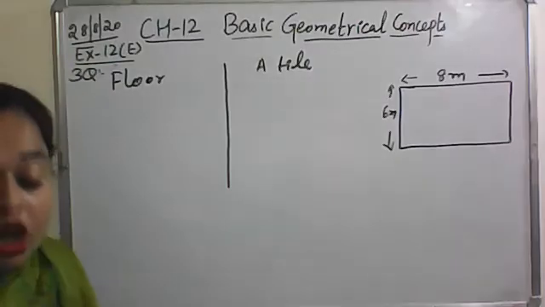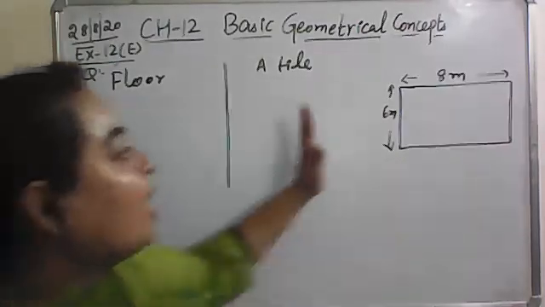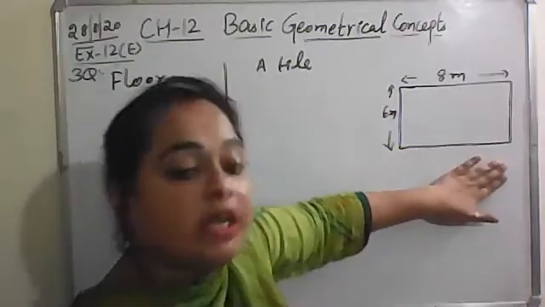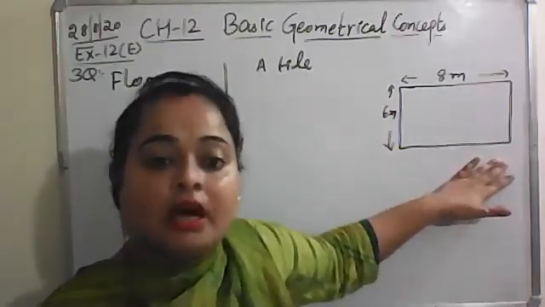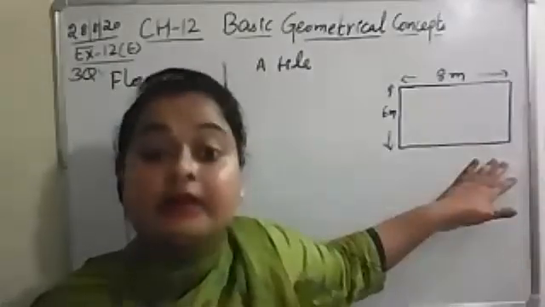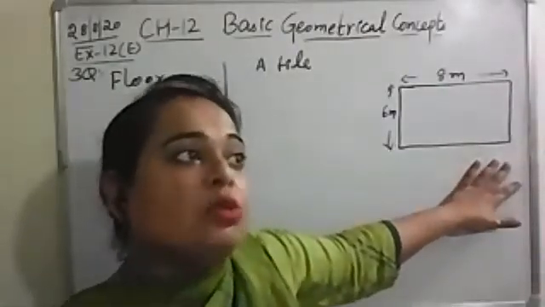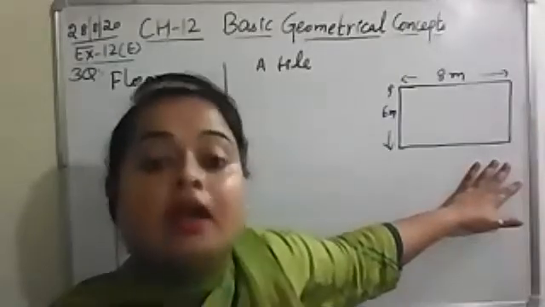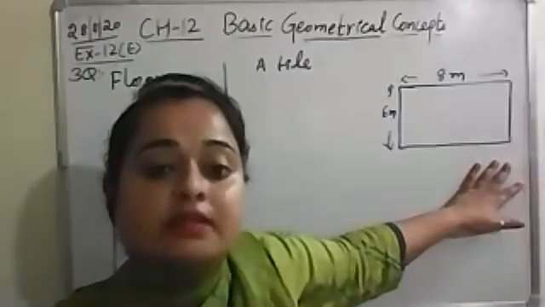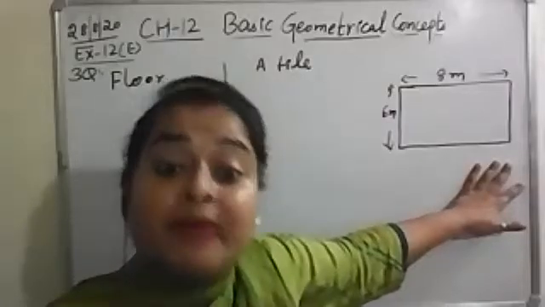In your book it is written that the dimensions of floor are given below, but on my board the dimensions are given here. The word dimensions is used for length and breadth.